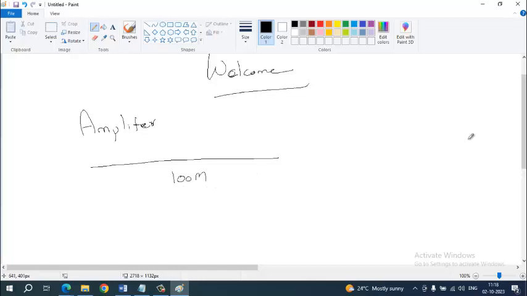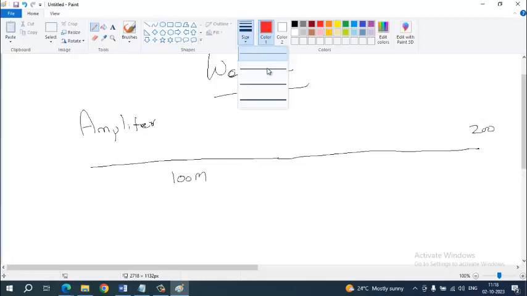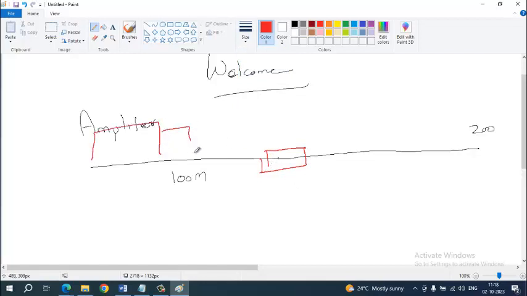So if the destination is at 200 meters, definitely you need someone to boost the signal, because the signal will get weaker as it travels farther. So we keep one box here in the middle so that when the signal is getting weaker, it will boost up again, so that the receiver will get a strong signal. That is what an amplifier is.